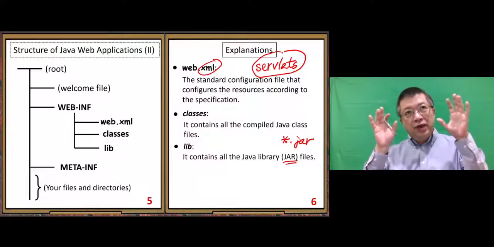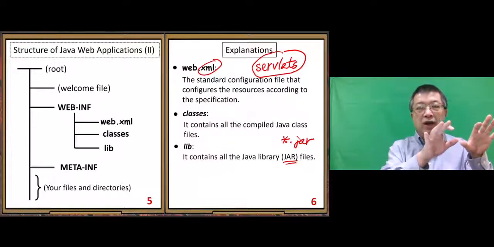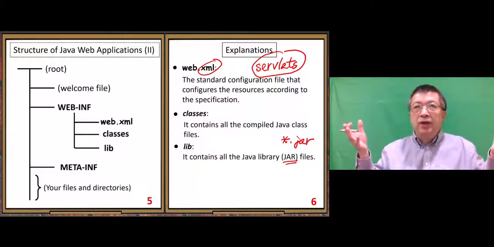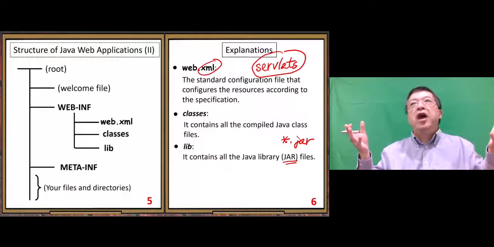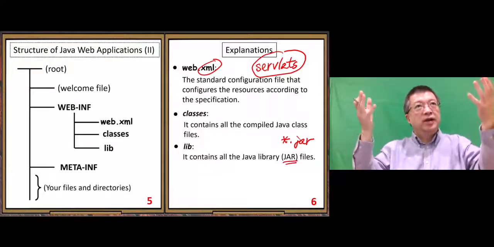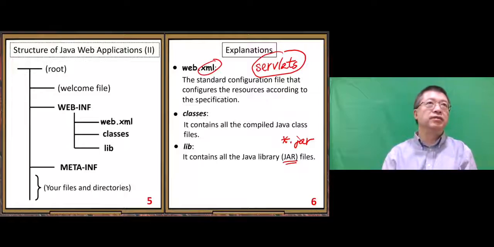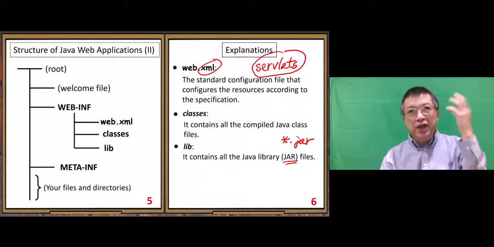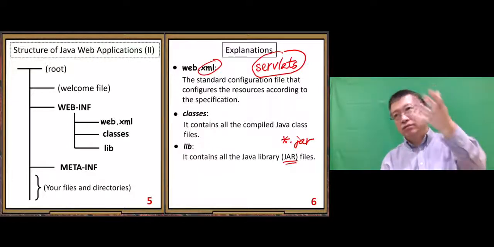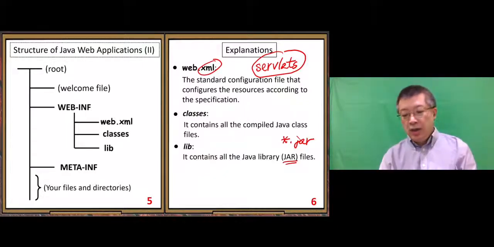The library jar files you put in this folder can also be loaded into the JVM automatically. So the server can use them when needed. When the server needs them, it just gets them from the JVM.